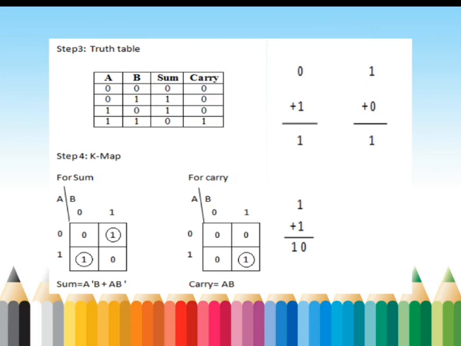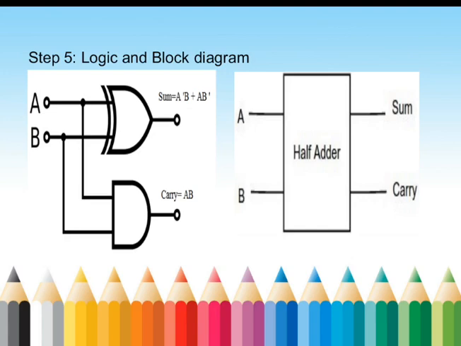So, by converting these Boolean expressions into a logic diagram, the sum expression is exactly the output of an XOR gate, and similarly the carry expression is the output of an AND gate.